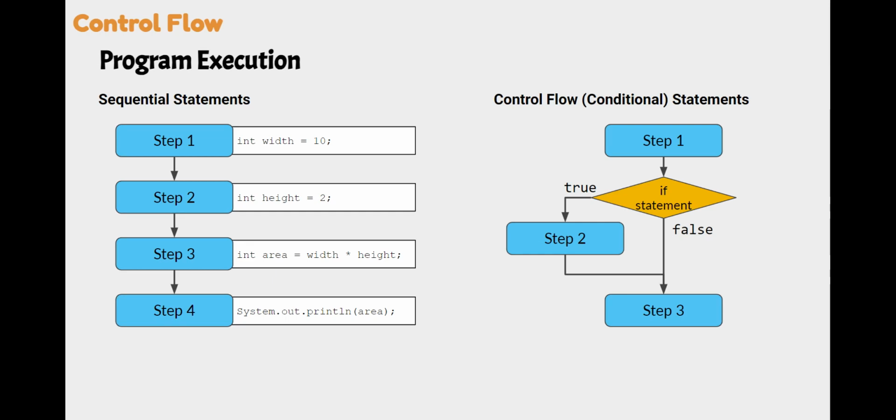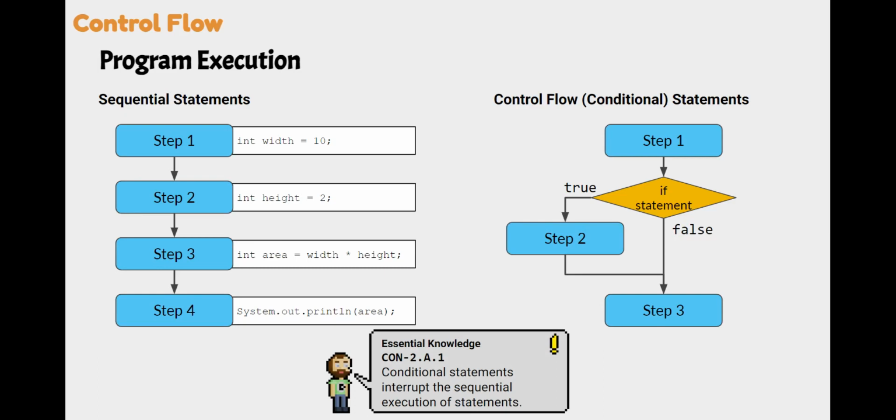We are still flowing downward where everything will come back together at some point, but we will branch off and do different things for a while before we come back and join back up as one. This aligns with our essential knowledge. Conditional statements interrupt the sequential execution of statements. Once we start using these conditional statements, we're not going to have that sequential step-by-step execution anymore.